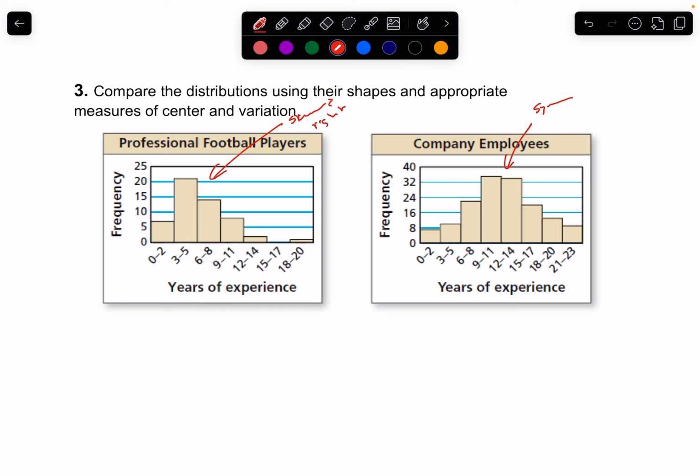There's that tail of players that play for a really long time, but most of them look to play between 3 and 8 years, and then it kind of dwindles down and is skewed to the right because of those couple really long career players that pull that data out. So if I was talking about football players, I wouldn't want to talk about the average length of their career. I would want to use the median length of their career. And for employees at a company, I would be okay to use the average because that data is symmetrical.